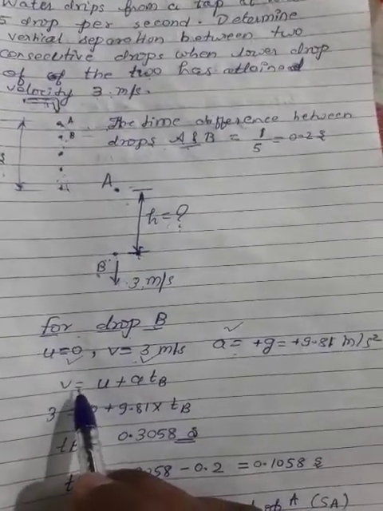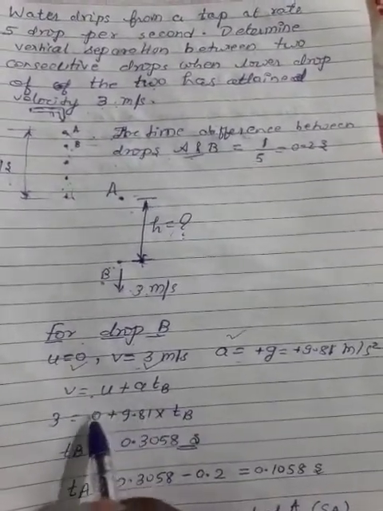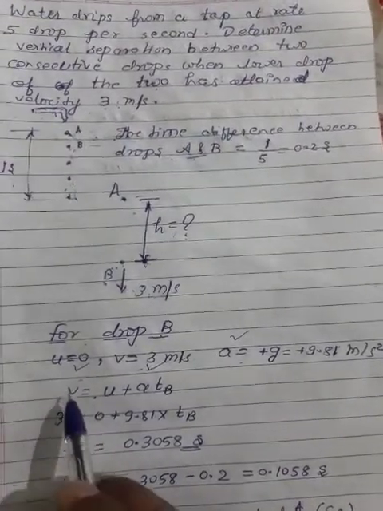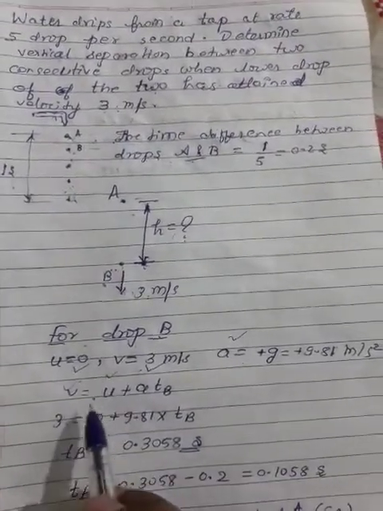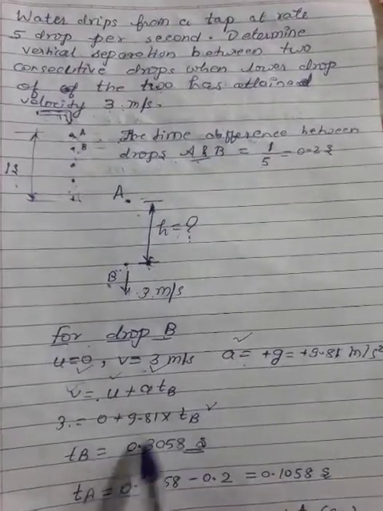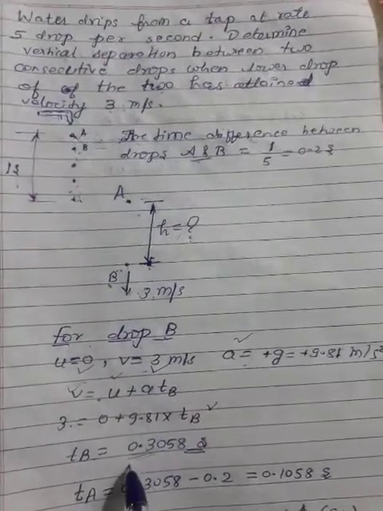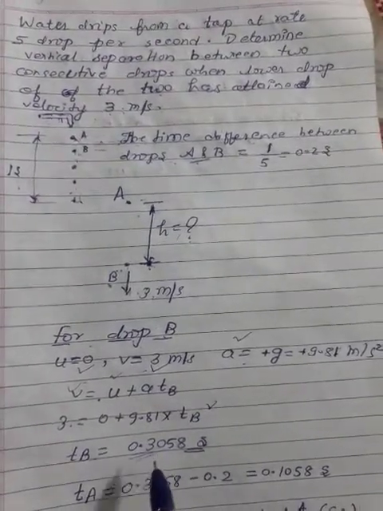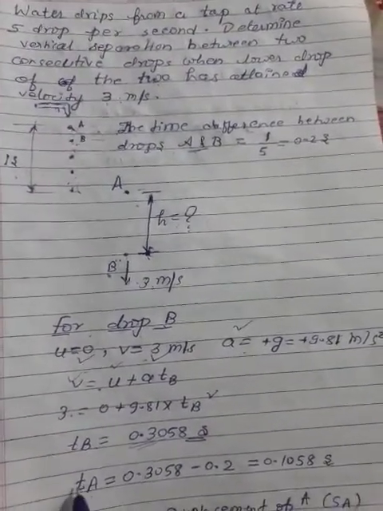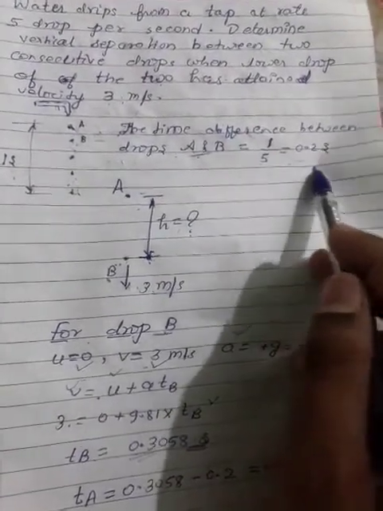So I am putting all the values in this equation, v equal to u plus at. Final velocity 3, initial velocity 0, a 9.81, and I am calculating the time required for drop B, which is nothing but 0.3058 second. Now the time difference between A and B is 0.2.